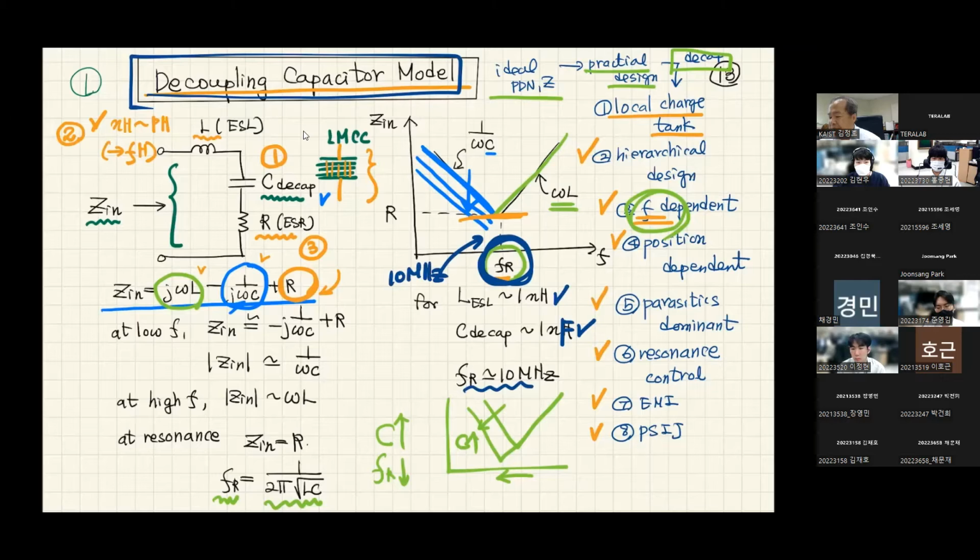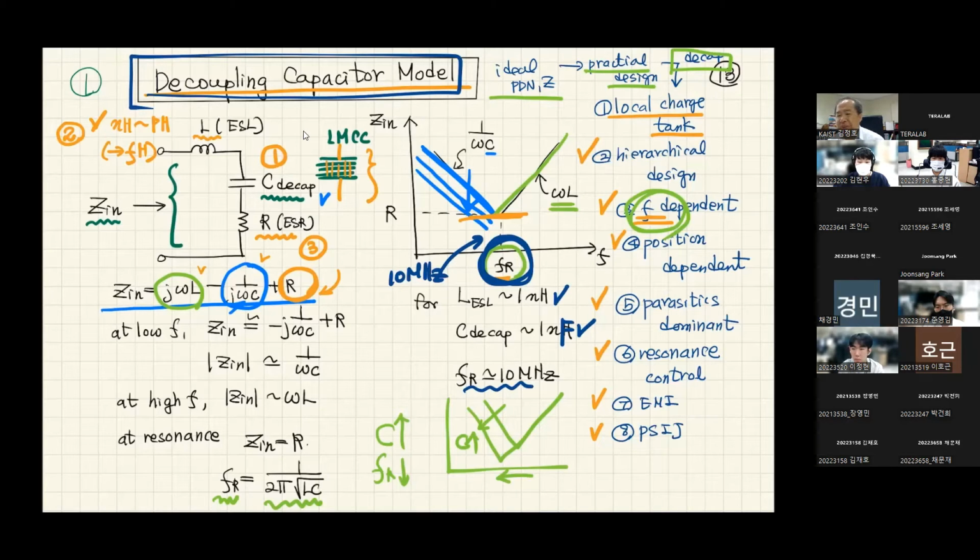If our switching current has a frequency spectrum over very high frequency like gigahertz or 10 gigahertz, conventional decoupling capacitors cannot supply that fast switching current because of these resonance frequencies. If you want to increase these resonance frequencies, you have to reduce the inductance.